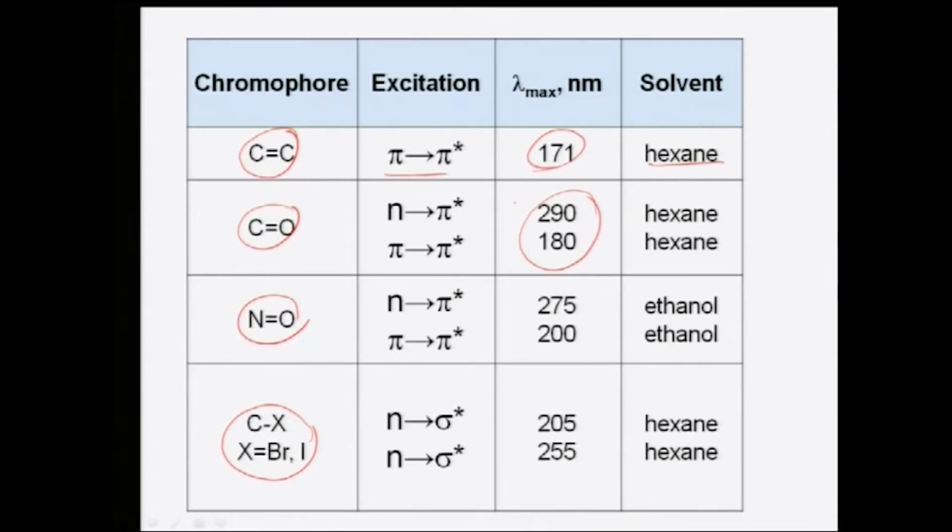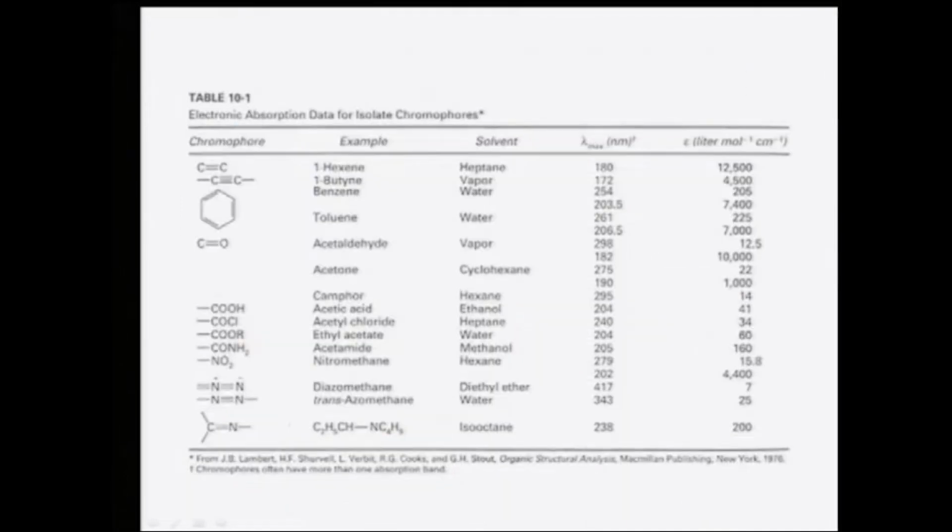For the nitro group you can have different wavelength regions for these absorption maxima, and for C-X bonds you can have n to sigma star, non-bonding to anti-bonding sigma star, transitions at these wavelengths. In all cases except the nitro bonds, we use hexane. In this case, we use ethanol as a solvent.